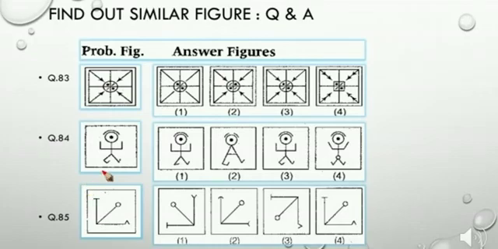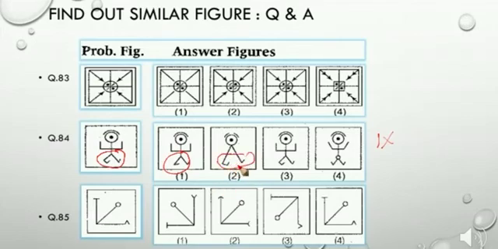Let's go to the next question. Let's check for this portion. This portion should be the same in the next option. Is it the same? No, because from here and this both are different. So option 1 is not correct. Let's check for option 2.